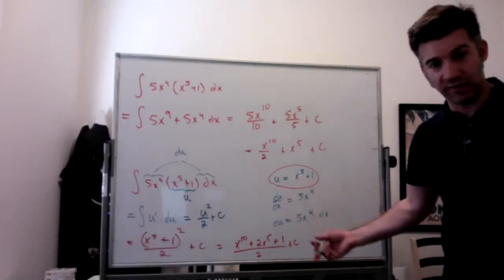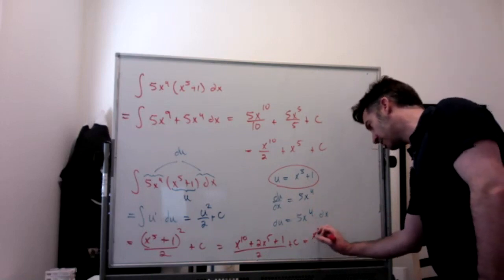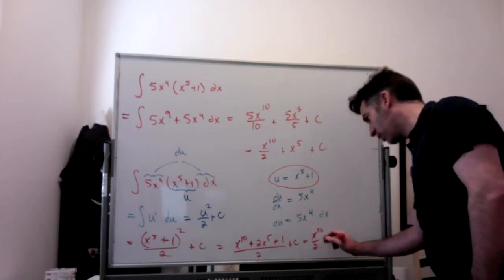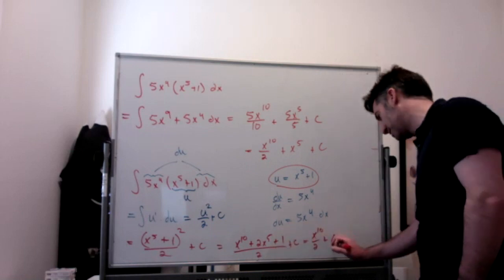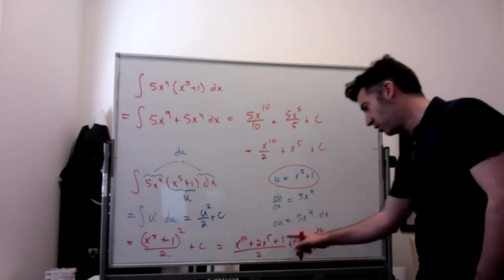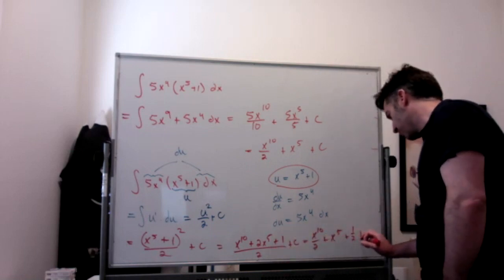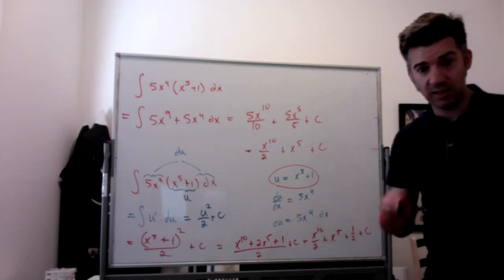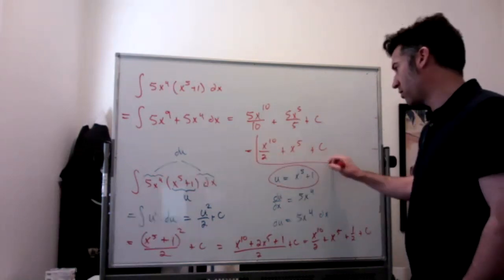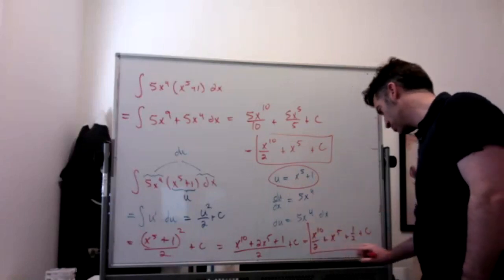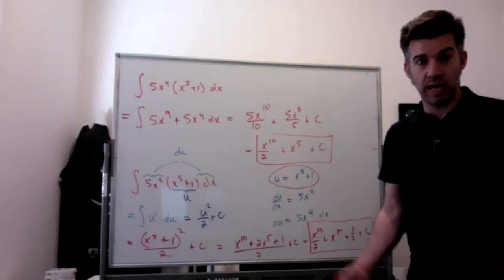If I write each thing divided by 2, I get x to the 10th over 2 plus 2x to the 5th over 2, which is just x to the 5th, plus 1 over 2 plus c. So let me ask you guys, are these the same? Yes or no?